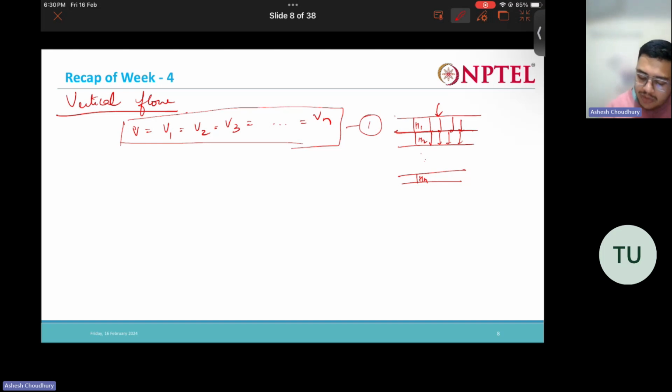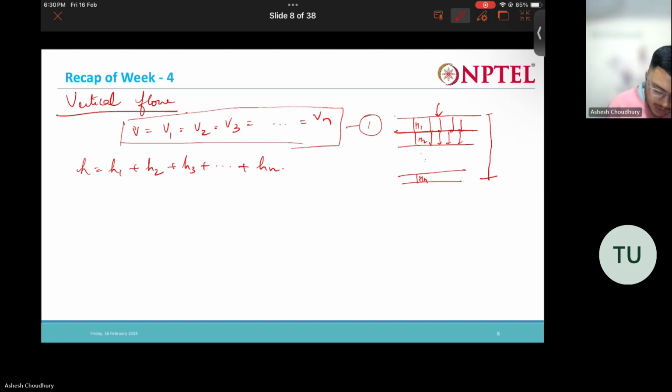The second thing that will be happening is that for the entire flow, the total amount of head loss will be the sum of the head losses in each of these layers.